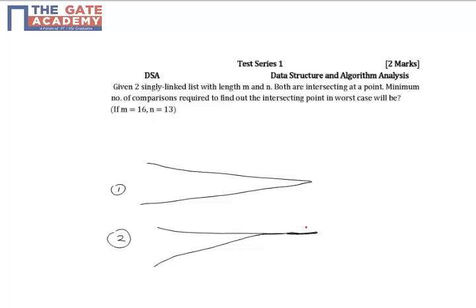The other option I am talking about, a third option like this, is not possible, just because you know the linked list very well.